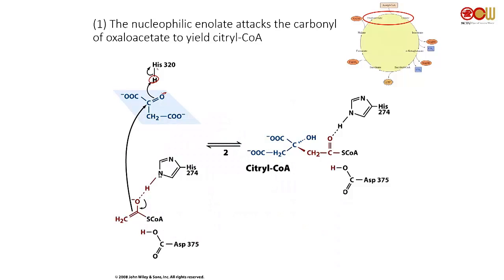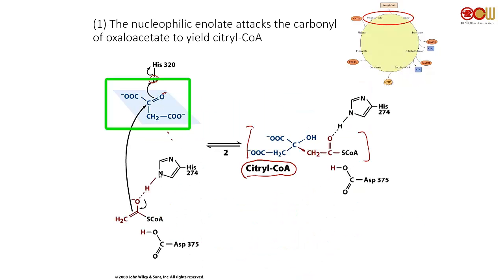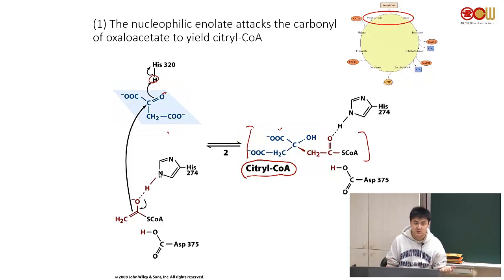So once you do that, you will get this little intermediate called citryl-CoA, which is actually an intermediate because it's a compound, right? It's not attached to any enzyme. Okay, this is very important, look. From this to this, and from this to this, everything's reversible. So if it's reversible, you have no driving force to make citrate.